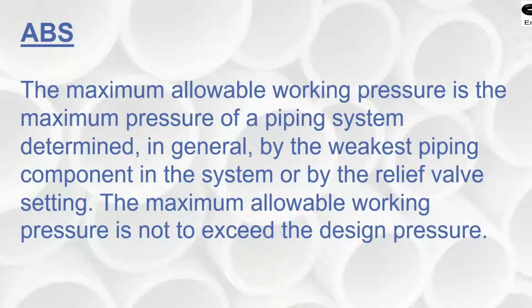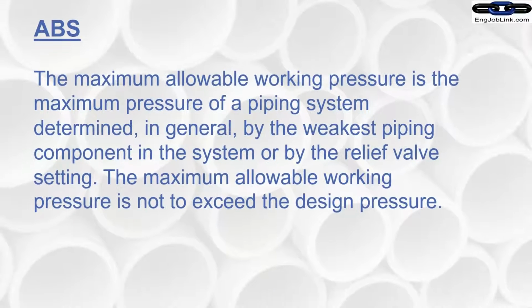In ABS, they use the words maximum allowable working pressure, which is the maximum pressure of the piping system determined in general by the weakest piping component in the system or by the relief valve setting. The maximum allowable working pressure is not to exceed the design pressure. MAWP is not the same thing as the maximum allowable working pressure according to ABS.